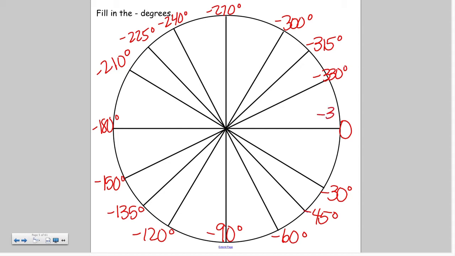Negative 360 is still here too. Okay, use this when you actually have to draw the angles. Use this to help you reference.